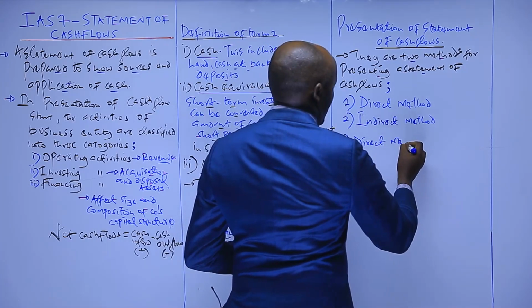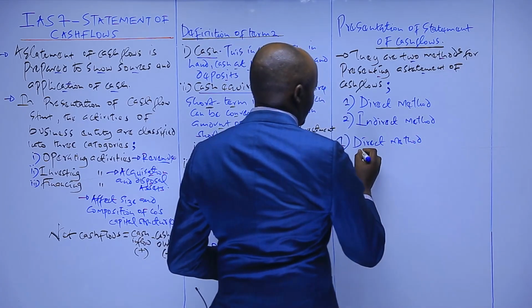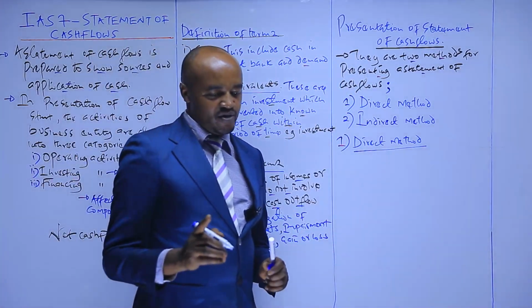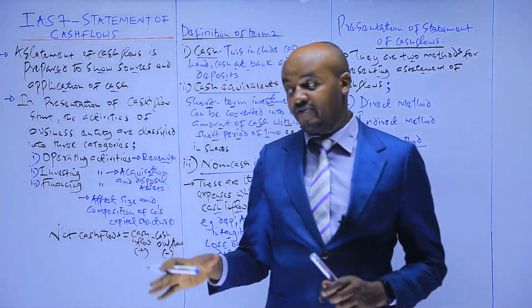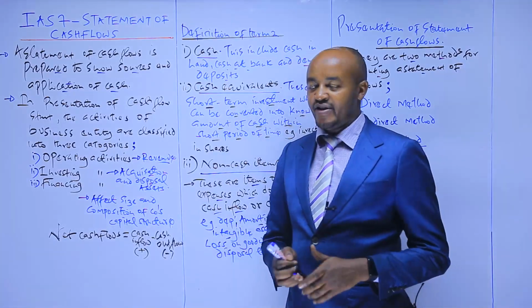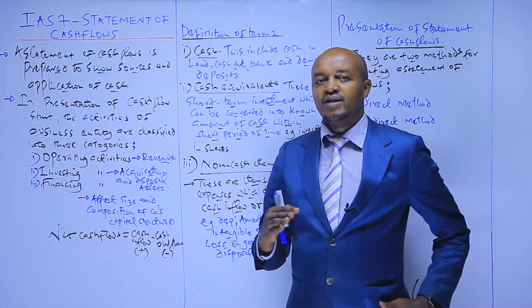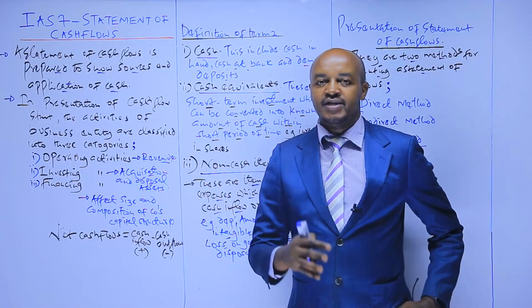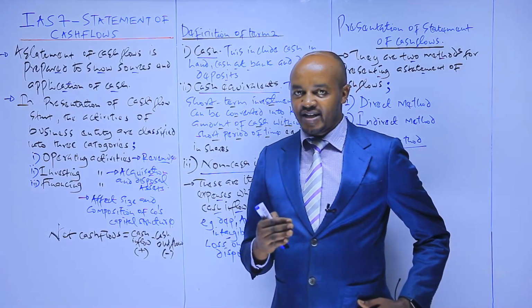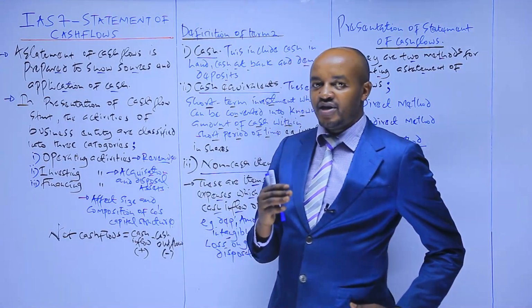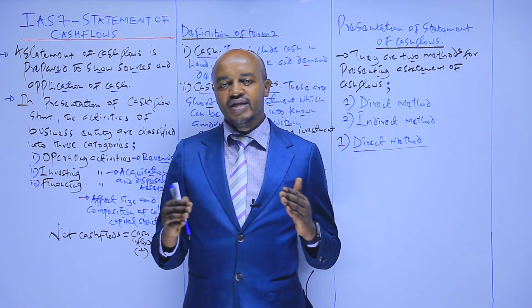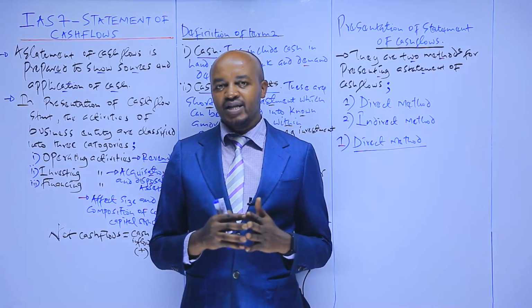Direct method. But before we discuss what a direct method is, it is important to recall that in preparing the statement of cash flows in accordance with IAS 7, you have to determine the net cash flow from operating activities, net cash flow from investing activities, and net cash flow from financing activities. The difference between direct and indirect method is how we determine the net cash flows from operating activities.